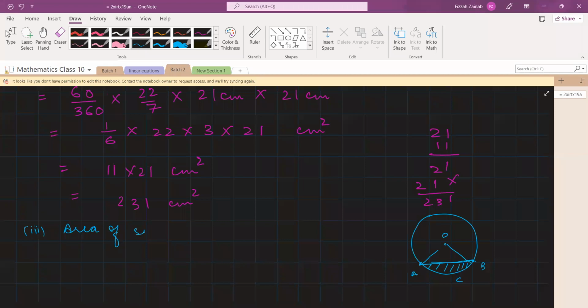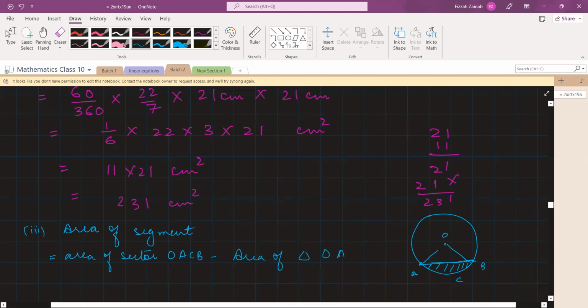Area of segment will be equal to area of sector, which we have already found, area of sector OACB, right? Minus area of triangle OAB.